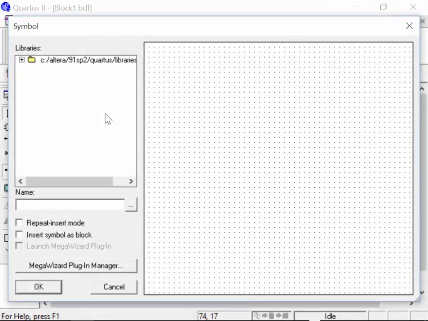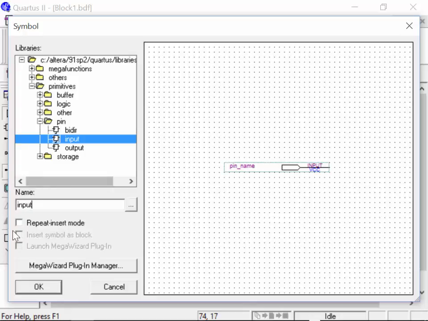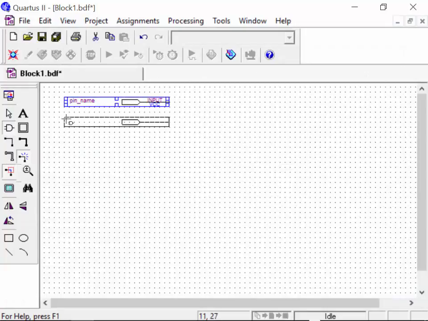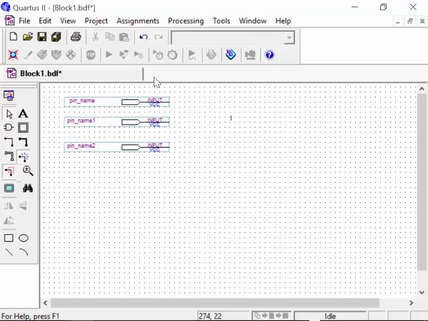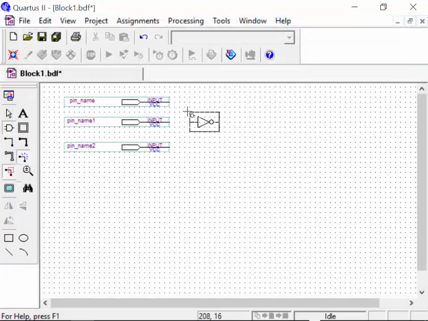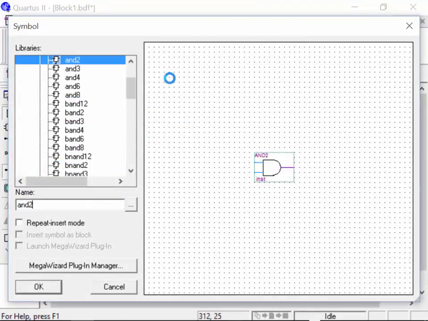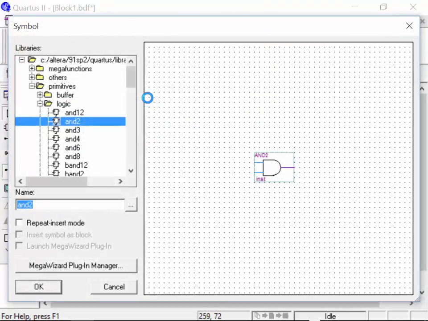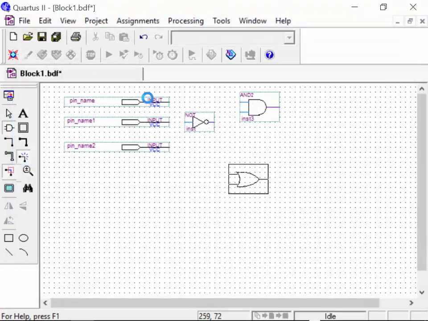I have 3 inputs, A, B, and C. I have a not that I put on B. I have an AND 2 that I'm going to put here. Then I have an OR 2 that I put here.